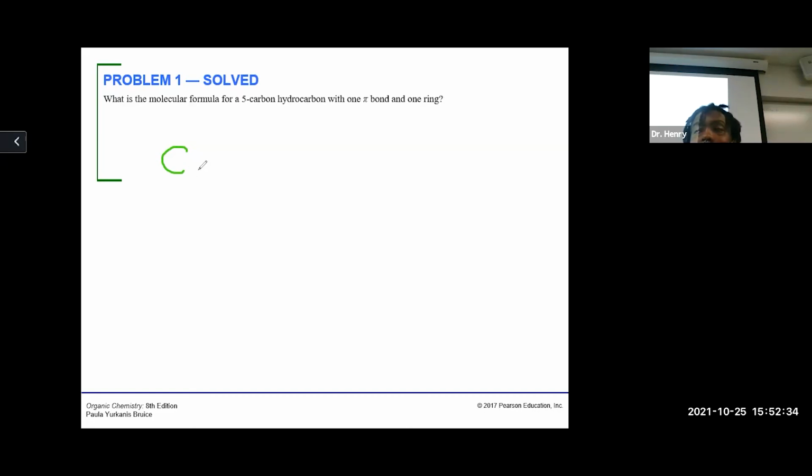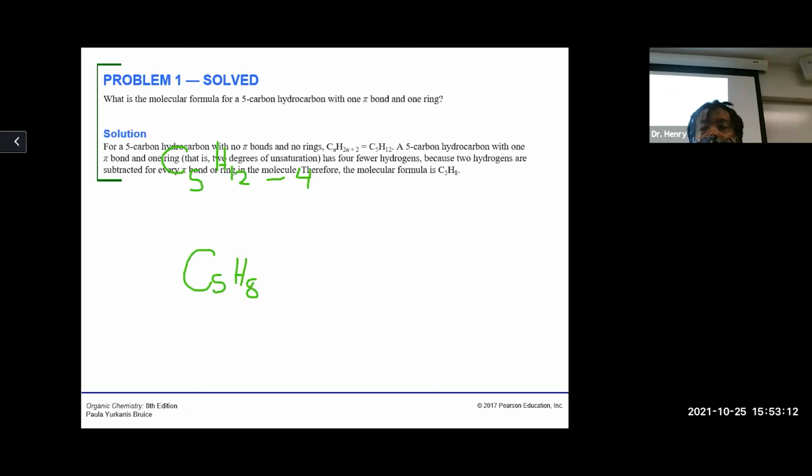So then C what? So 5. And that's if it's saturated, right? So then we lose how many for a pi? So minus 4. So it's C5H8. Okay. That is correct.